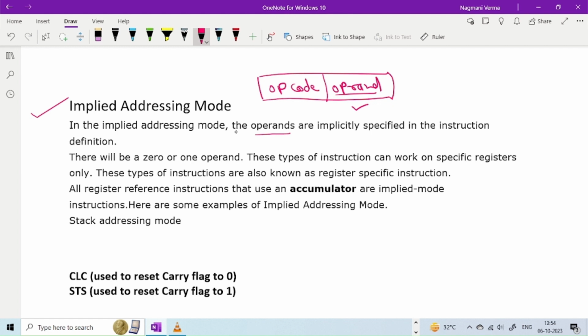Sometimes a one operand instruction is there, a two operand instruction is there, and three operand instructions could also be possible. So what will happen in a two operand instruction? We know that instructions are executed this way, so the right hand side will be the source and the left hand side will be the destination.